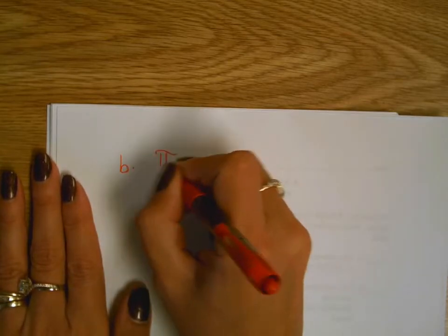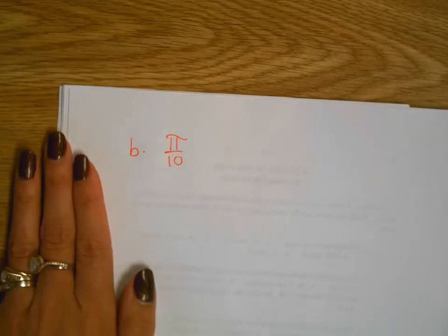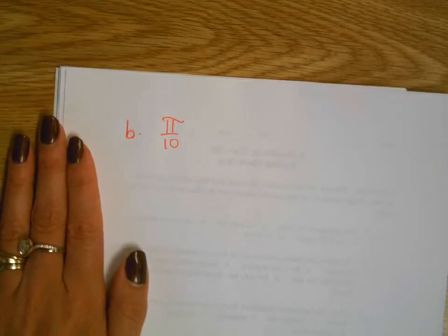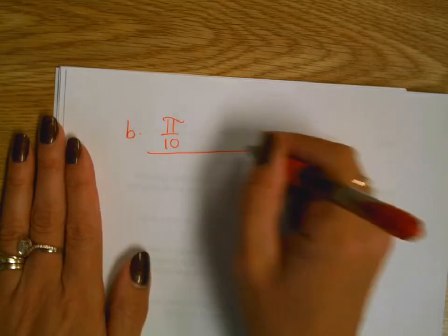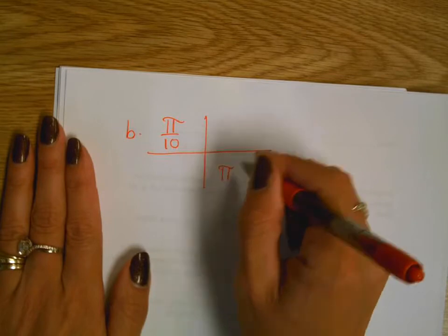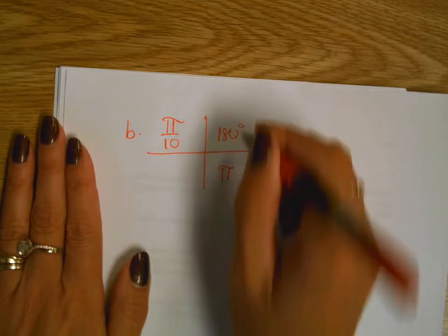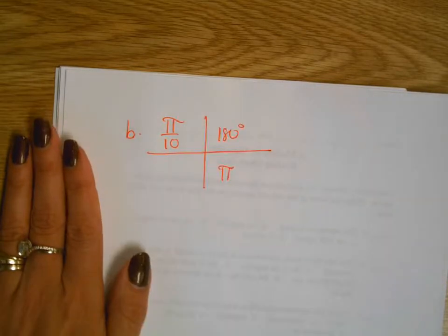Now pi over 10 radian. Again, our conversion has 180 and pi. We're dividing by the pi to get rid of it, multiplying by the 180 degrees, so it's just flipped around. Out of radians, you divide by pi. Into degrees, you multiply by the 180.